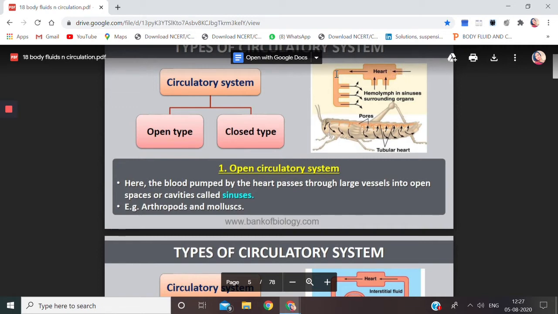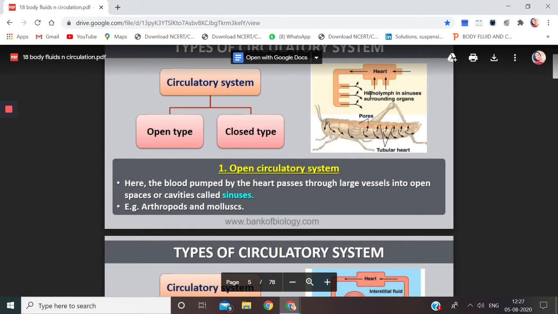Now the main vessel is divided into sub vessels, and the sub vessels are in the open space. This open space is the sinus. This is hemolymph. Hemo means blood and lymph, both the liquids mix together. So this is the open type of circulatory system because everything is now in the open space, with no blood vessel.